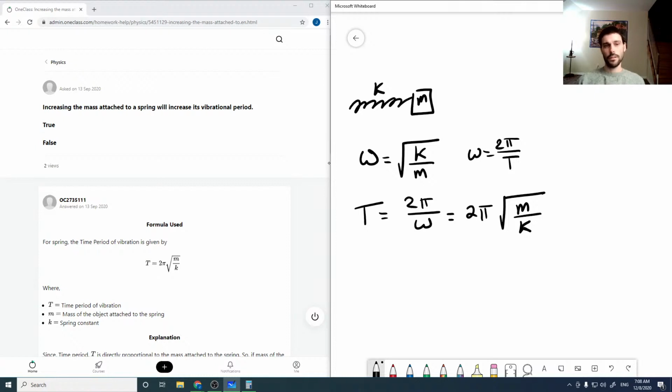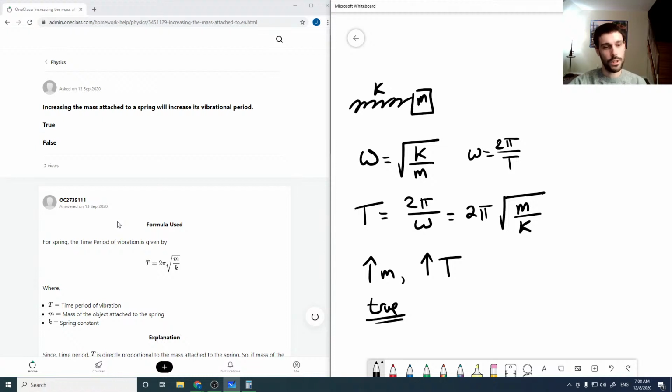That means that if we increase the mass, then we will definitely increase the period. And so that's true. Increasing the mass will increase the vibrational period.